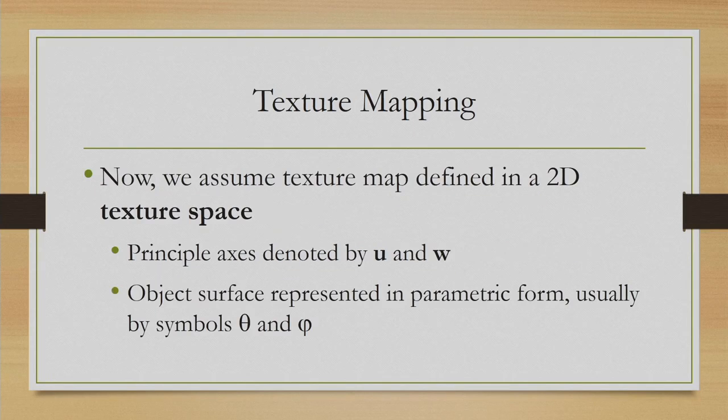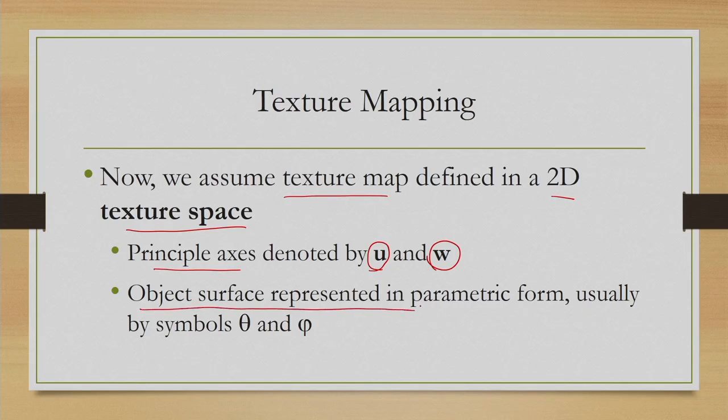So, what do we do there? We assume a texture map defined in a 2D texture space, where the principal axes are denoted by u and w, and the object surface is represented in parametric form, usually by the symbols theta and phi.